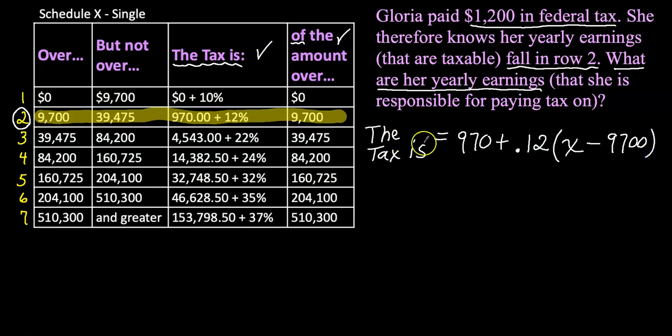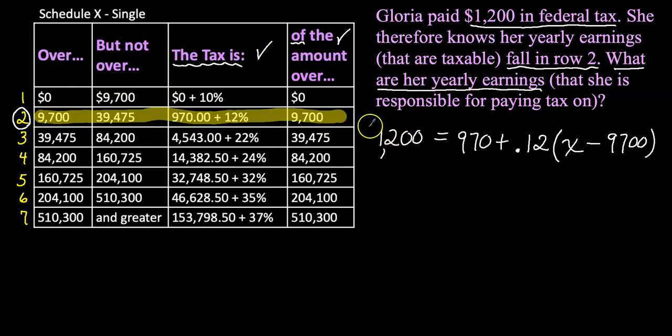Now, I know what her tax is, right? She paid $1,200 in taxes, so I'll just erase this and replace the tax is with the $1,200 right here. And now I have my equation. So again, let me repeat how I got this.